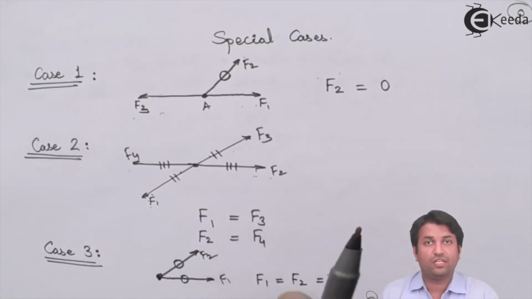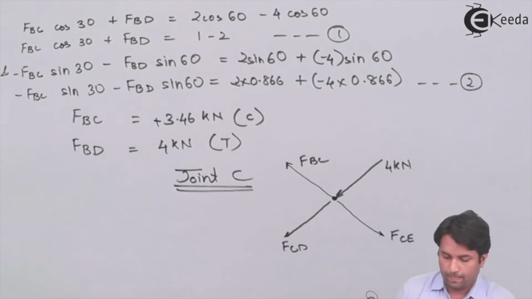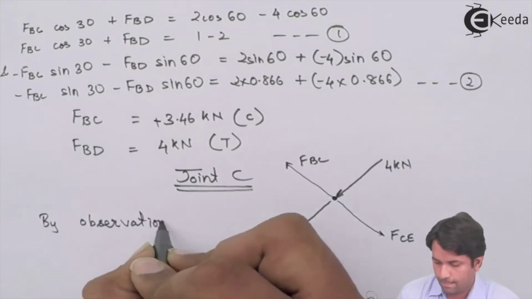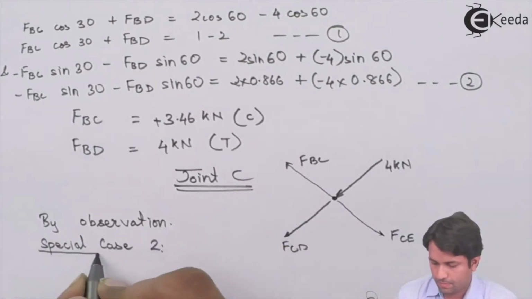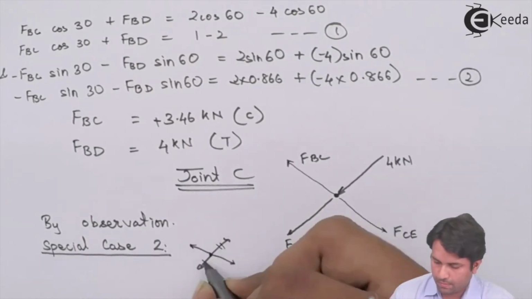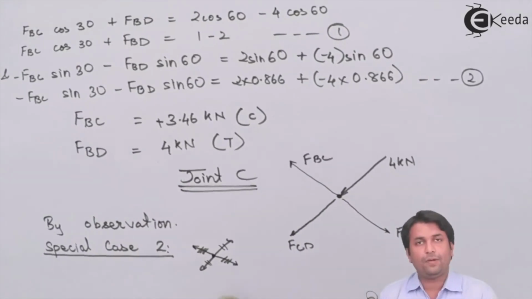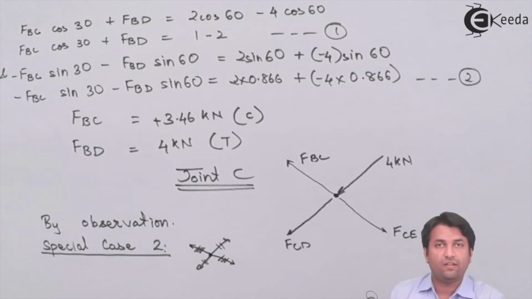So by observation, we can directly write the forces. Now, we have just shown the example of special case 2. What we need to do is just write the forces now.